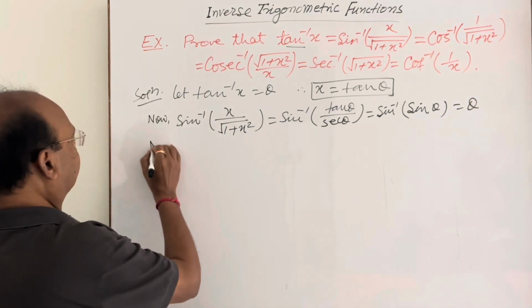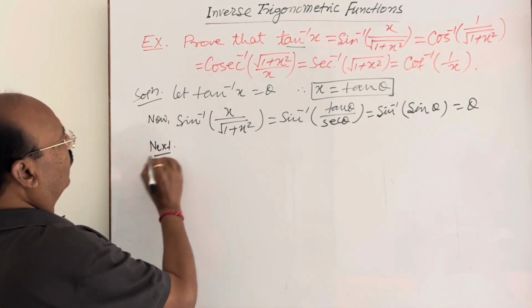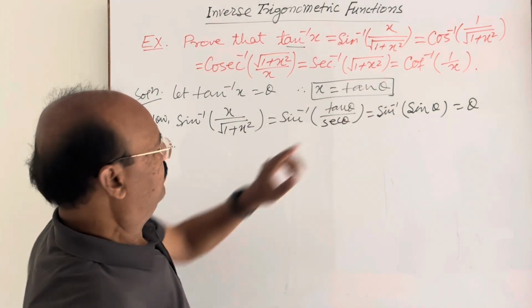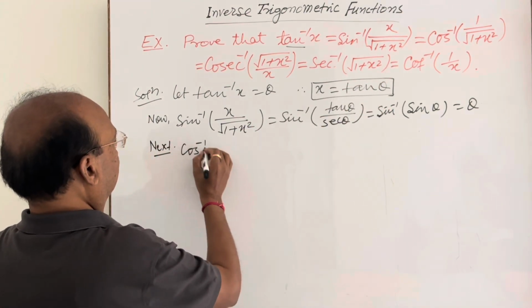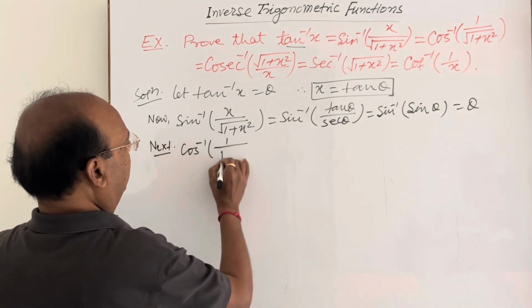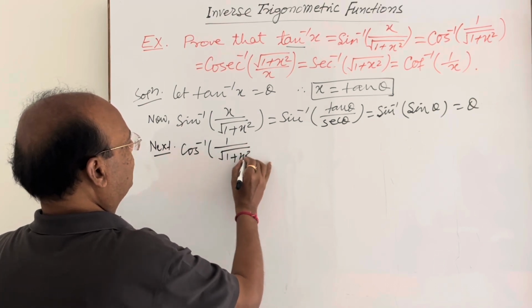Next, we will take cos inverse of 1 by root over 1 plus x square.